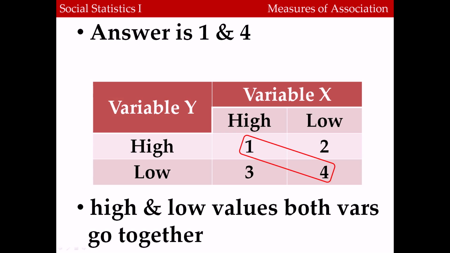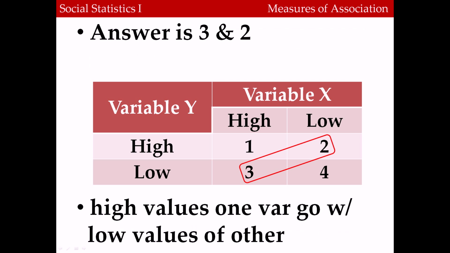Where do we find the negative association? Well, cells 3 and 2 combined show a negative relationship, because they show that as the values of one variable increase, the values of the other variable decrease. In other words, as we go from cell 3 to cell 2, we're going from low to high on variable x and from high to low on variable y, and vice versa.